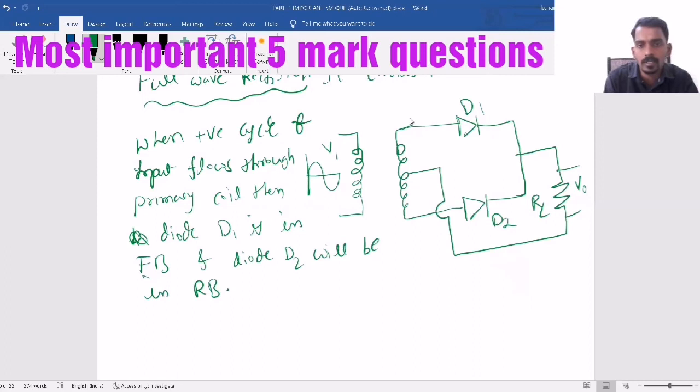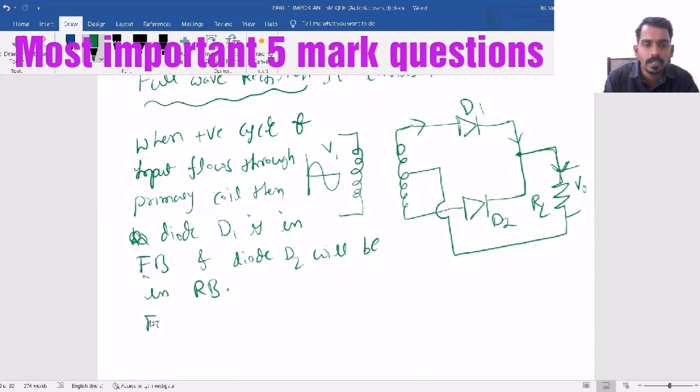See, when current is induced in this manner, from here D1 is conducting. When the current tries to divide, then D2 will become reverse biased, so current will not flow through it. Current will flow through this load resistor only in this manner.